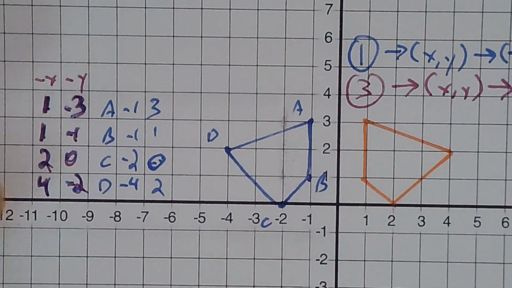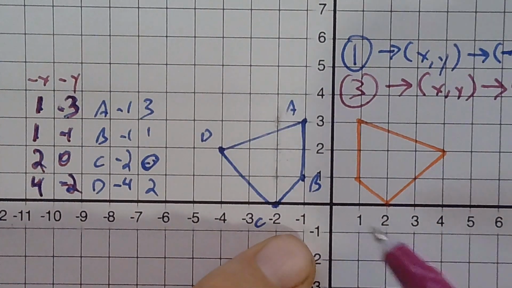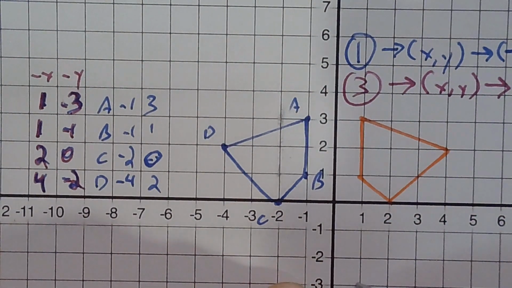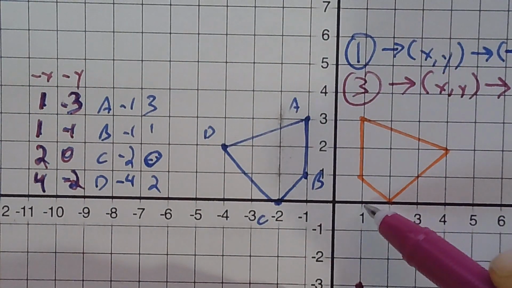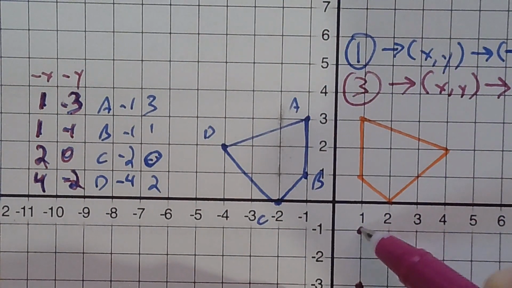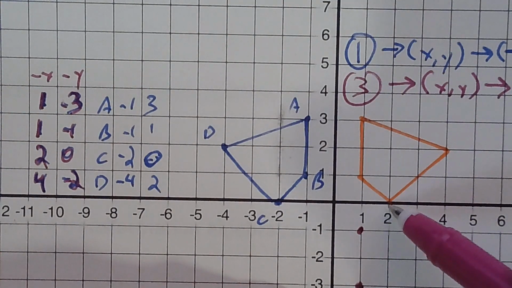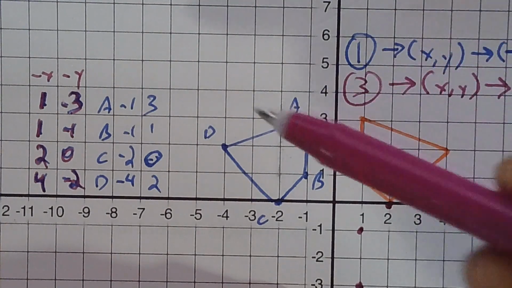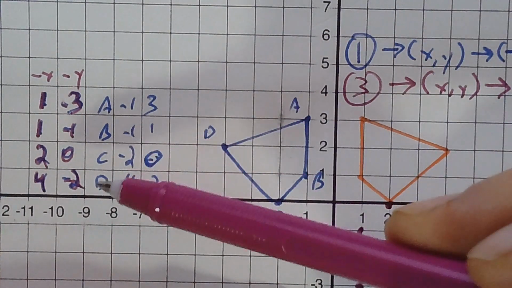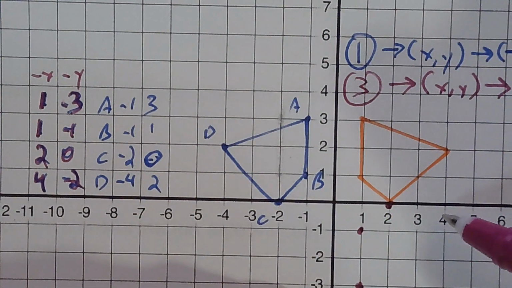All right, so now I'm going to go ahead and plot all these: 1, -3; 1, -1; 2 and 0; and then 4 and -2.